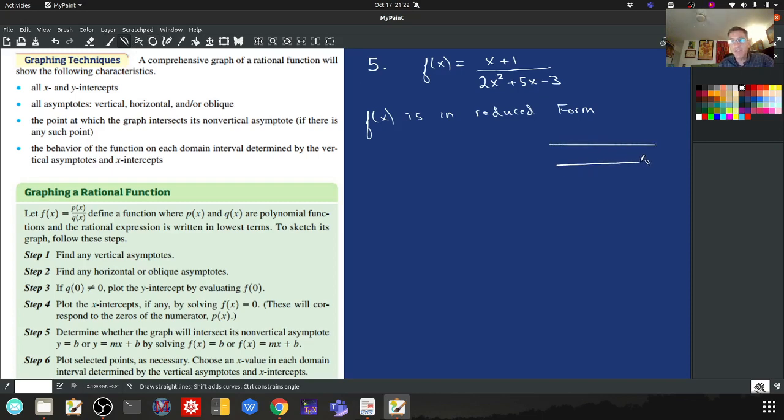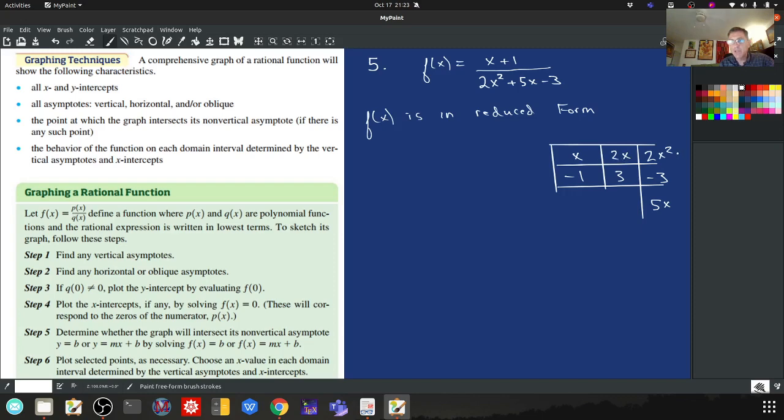If it's prime, then it's absolutely in reduced form. And even if it's not prime, it could still be in its reduced form. So this is 2x squared, minus 3, that's helpful, and 5x. So minus 3 can only come about by having minus 1 and 3 or 1 and minus 3. So I'm going to put x here and 2x here.